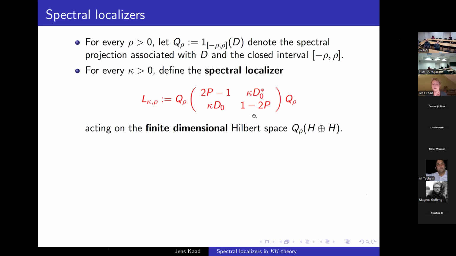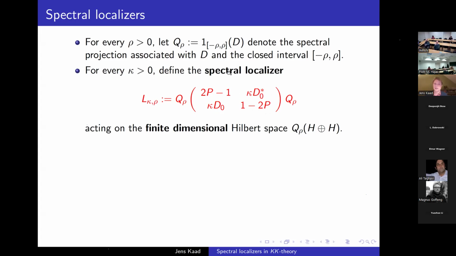In here, I have capital D sitting on the anti-diagonal, but rescaled with kappa. And then I have something on the diagonal also: my projection P in the form of 2P minus 1 in the upper left corner, and then minus 2P minus 1 in the lower right corner.